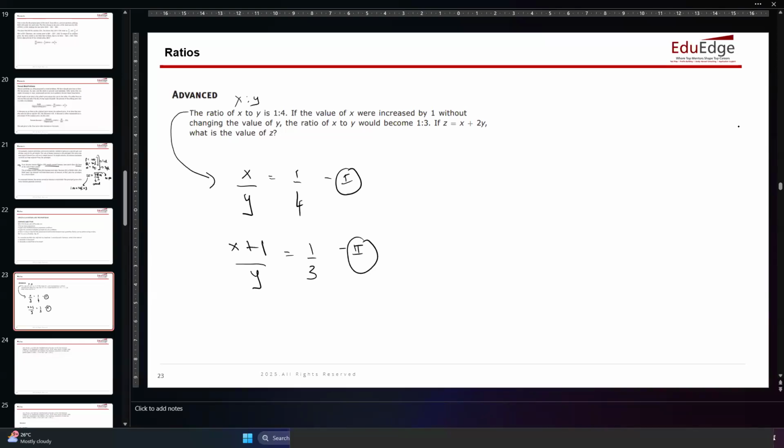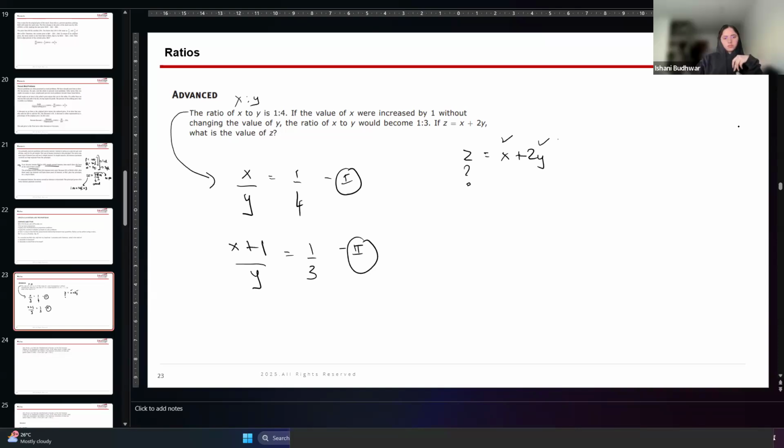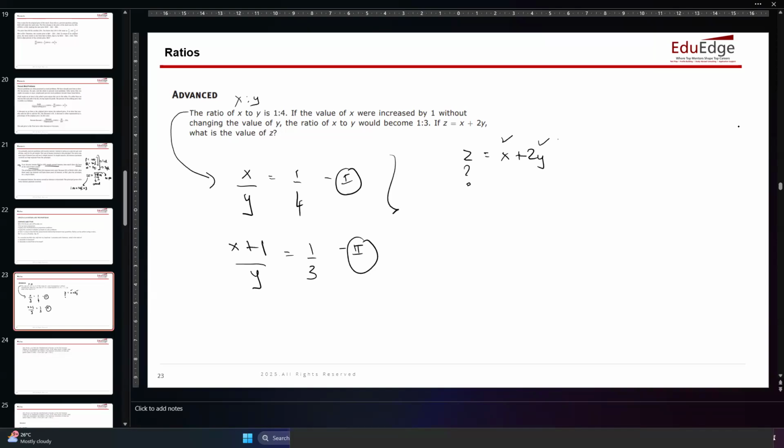If z is equal to x plus 2y, what is z? So clearly to find z, we need both x and y. So this is a set of simultaneous equations, the ones which we did yesterday. So how do we solve this?